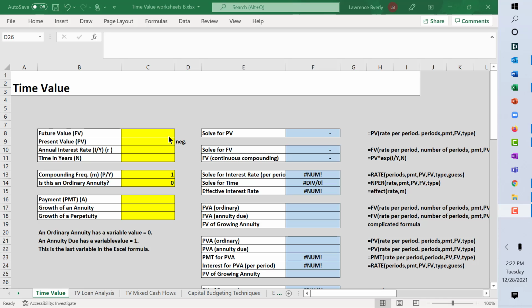So let's assume that you are going to receive an inheritance. If you remember about my worksheets, the yellow cells always have the data, the blue cells have the answers, and of course we have the formulas here on the right. So let's assume you're going to receive an inheritance of $50,000 in the future.